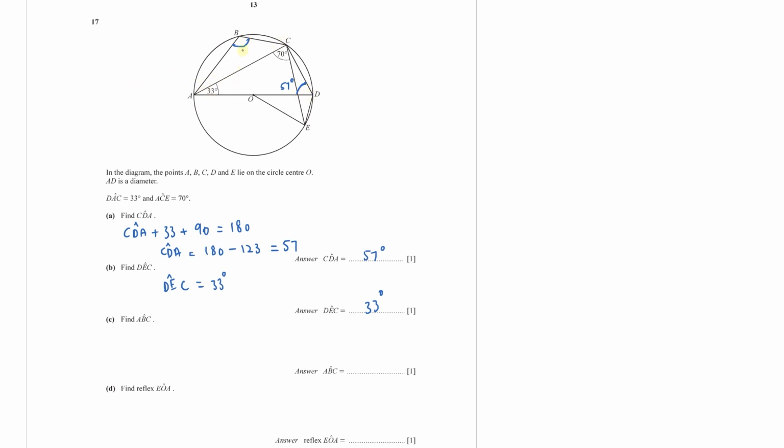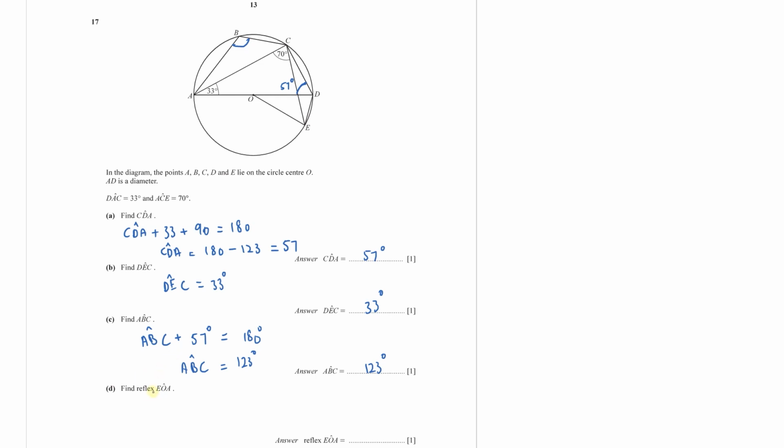So we can use the property that the sum of the opposite angles of a cyclic quadrilateral is 180 degrees. So ABC plus this angle CDA, which is 57 degrees, should equal 180 degrees. So your angle ABC would be 123 degrees. If you subtract 57 from 180, you get 123.